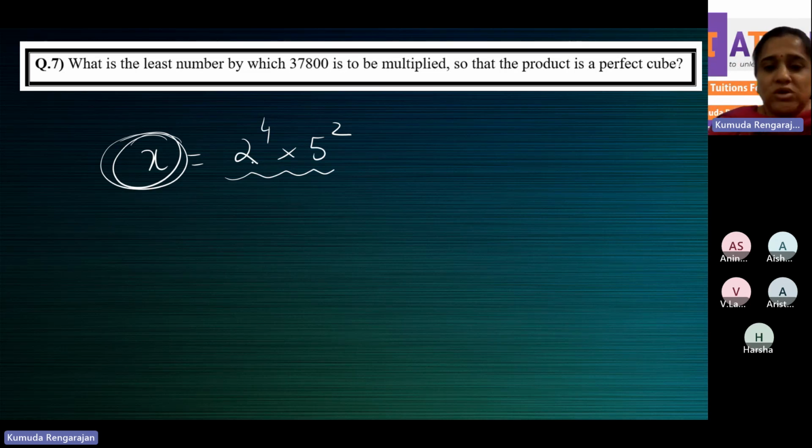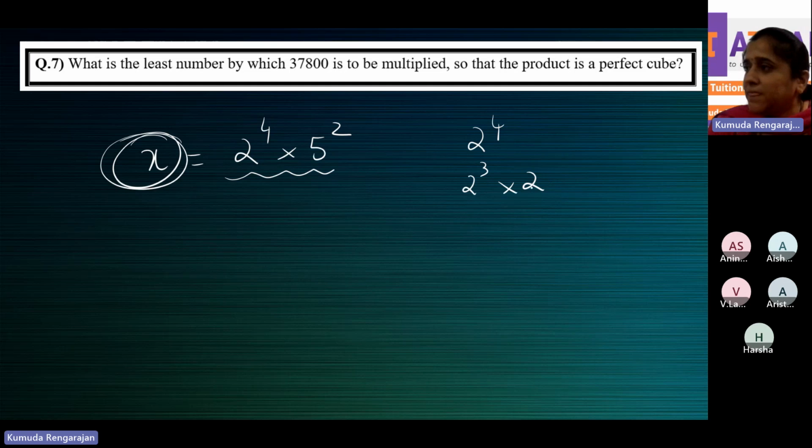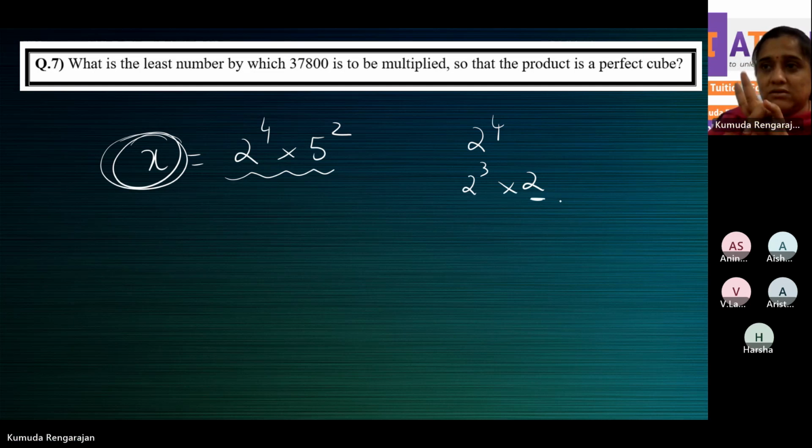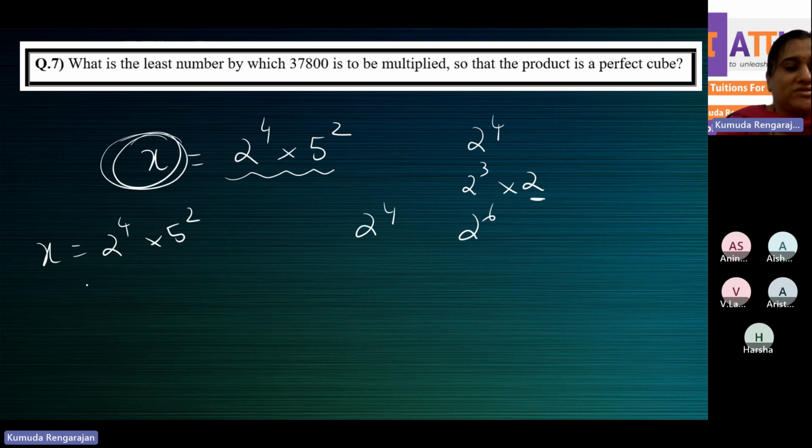Now this 2 to the power 4 is actually 2 cubed and there's one 2 extra. Now this should be minimum 2 cubed, so you need 2 more 2s. In other words, 2 to the power 4 should become 2 to the power 6. Let me write x is equal to 2 to the power 4 into 5 squared, which is nothing but 2 cubed into 2 into 5 squared.